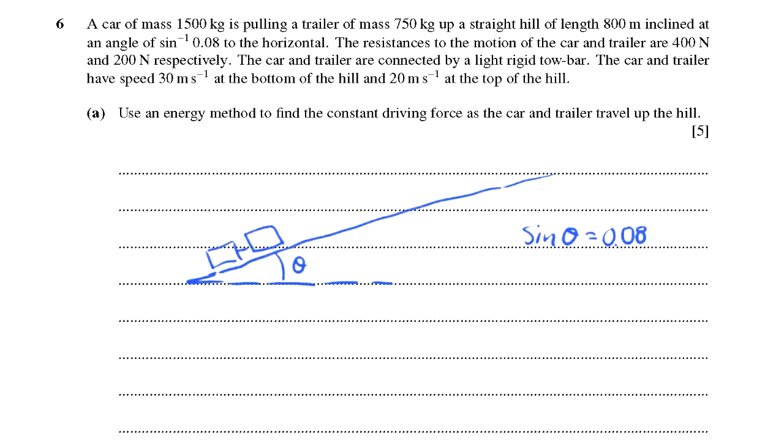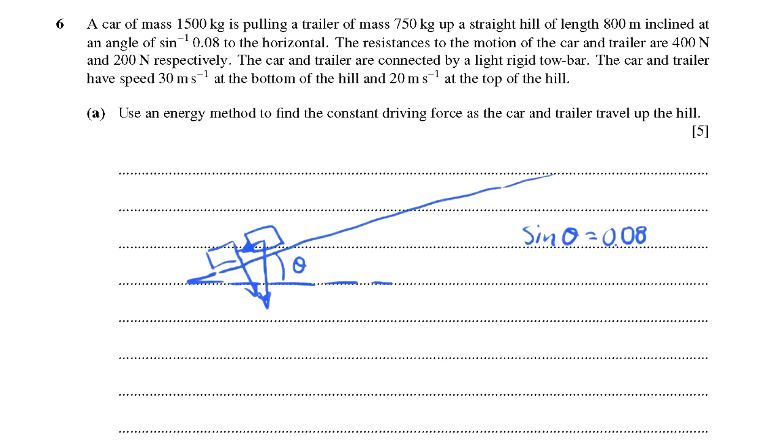Both of these are going to have a weight, and the weight goes straight down, but the component of the weight acting against the vehicle is the weight going down the slope. Of course, we have the normal going into the slope. So the component down the slope is going to be the weight times sine theta, and we know sine theta is 0.08. So that's where that comes in quite handy for us.